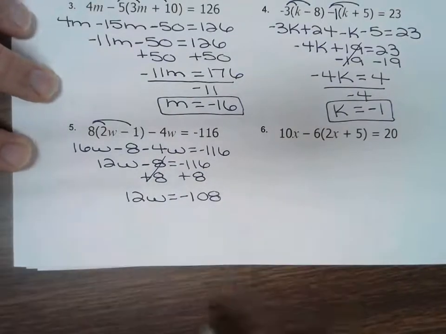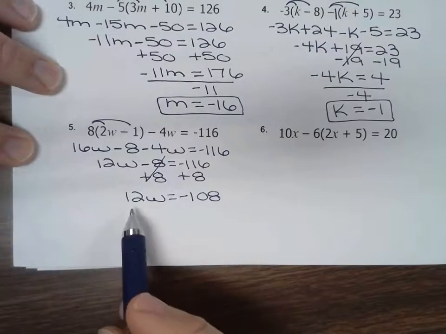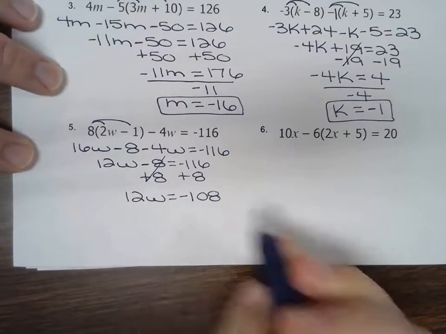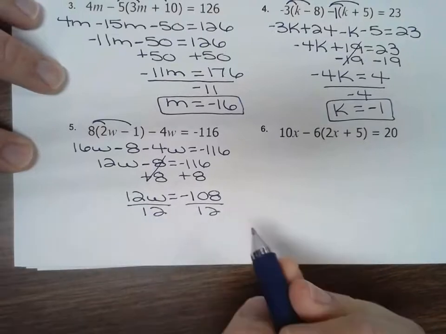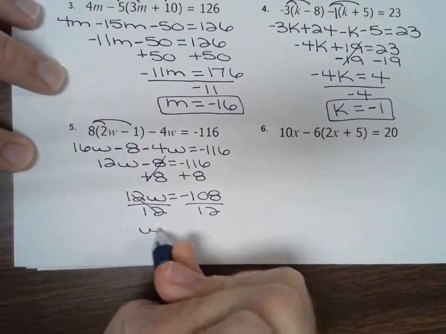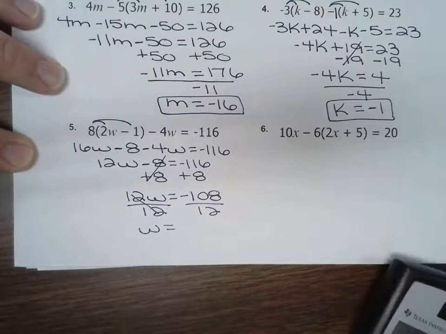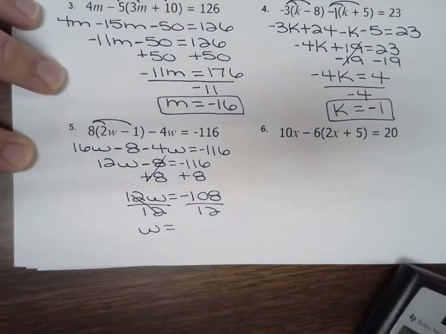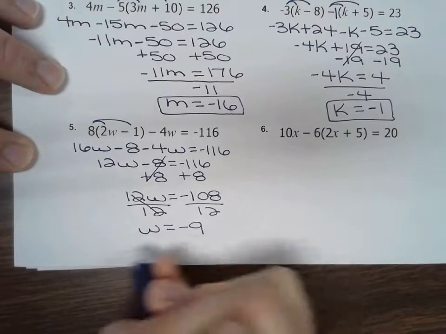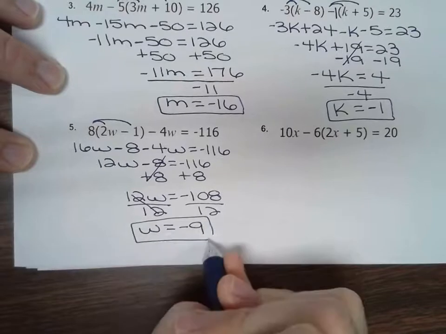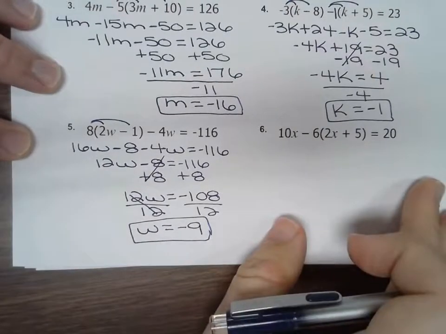Negative 108. It's not quite solved yet. I need to get rid of the 12. I'm doing 12 times w, so the opposite is dividing both sides by 12. 12's cancel, w equals negative 108 divided by 12, is negative 9. And this is solved because it's a variable equal to a number. W equals negative 9.